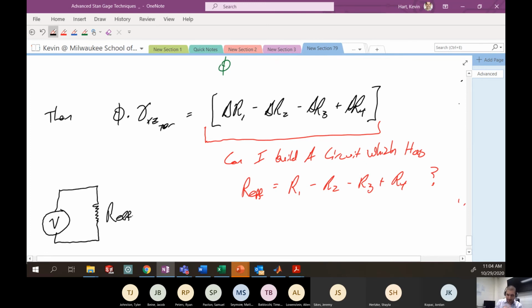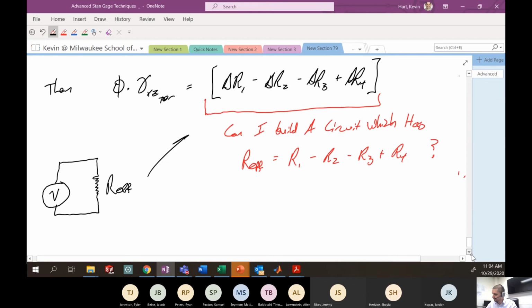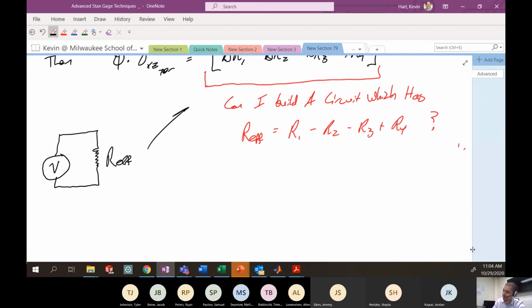If I could make an effective resistance that went like that, then all I'd have to do is measure the resistance of that particular built circuit, and that would be the shear strain from torsion multiplied by this constant value, which is just the resistance of the gauges multiplied by the gauge factor times 2. Okay, so can I build the circuit?